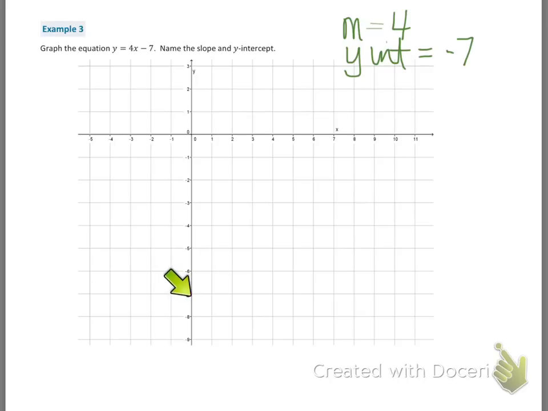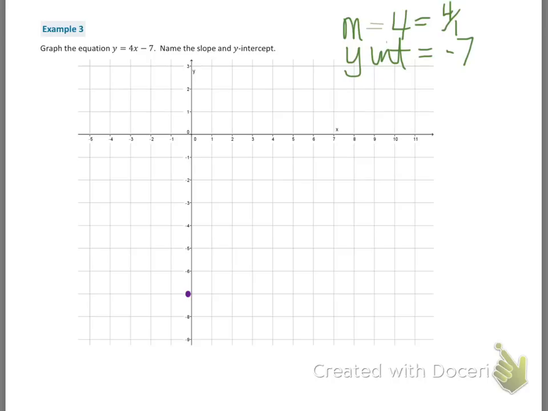And we're going to use a slope of 4. This 4 isn't written as a ratio, so what you might want to do is express it as a ratio. So 4 can also be thought of as 4 over 1. So for every 1 unit in the horizontal direction, this line's going to rise 4.